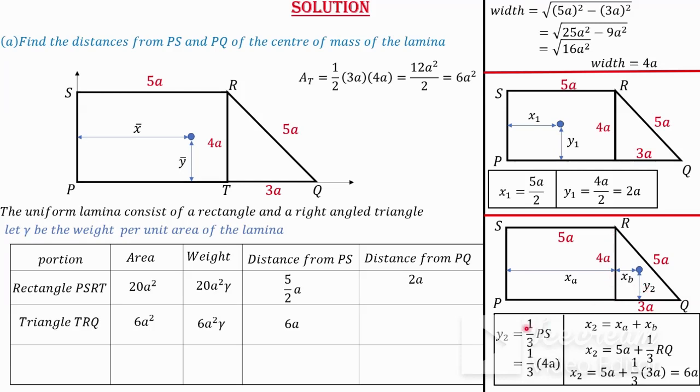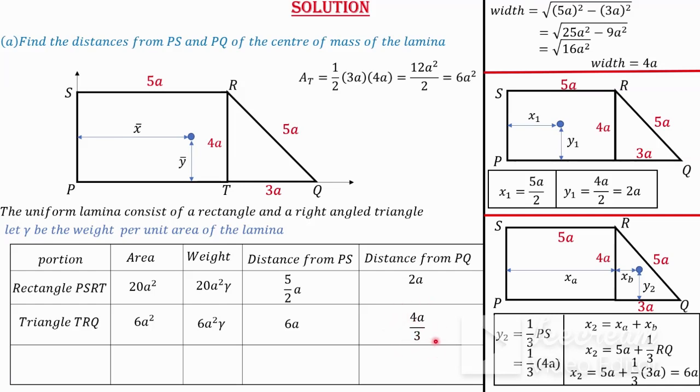This is a given property. So substituting the value of PS, which is 4a, we get the value of y2 to be 1/3 times 4a, which gives us 4a divided by 3, from which we can therefore substitute it into our table.